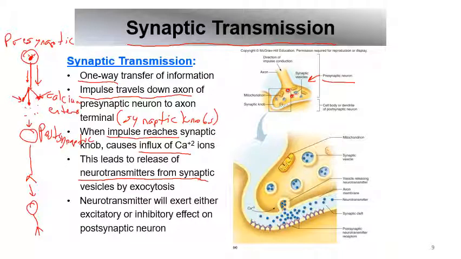But these vesicles contain the neurotransmitters. First, the action potential runs down. This electrical signal runs down. Calcium has to enter first. And then after calcium enters, neurotransmitters can get released. And here it's showing Ca2+ for calcium. The plus 2 is for the electrons that are lost by calcium, because calcium tends to lose its electrons. It has those 2 extra electrons.